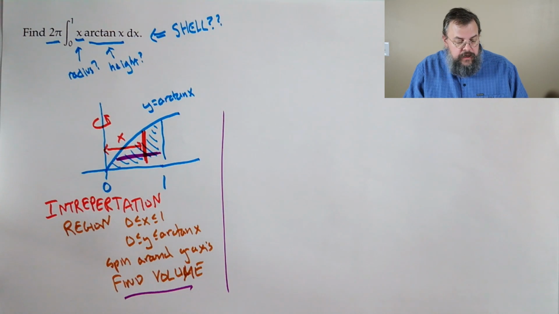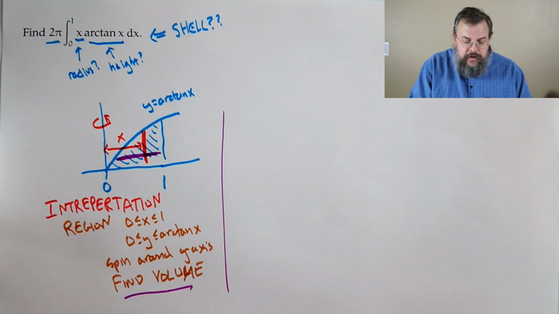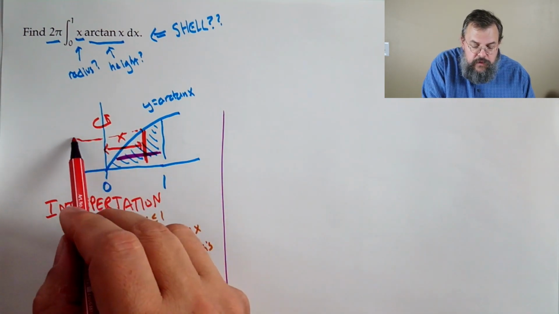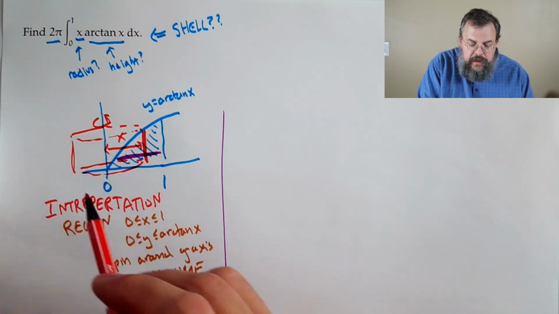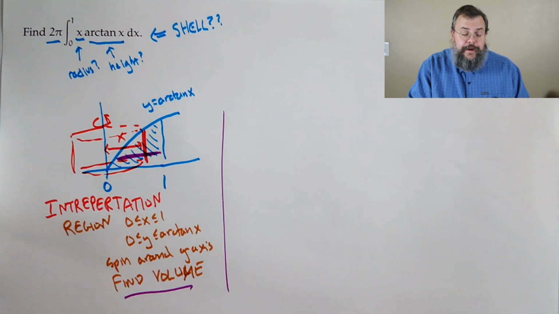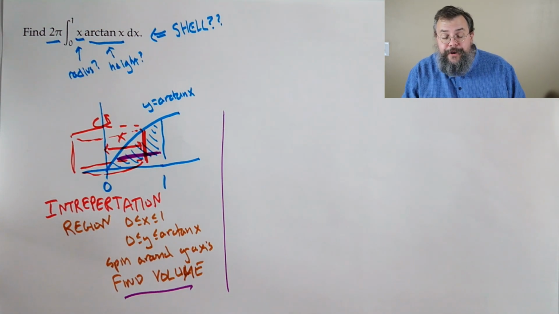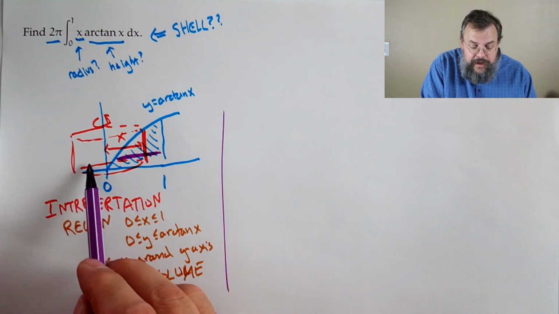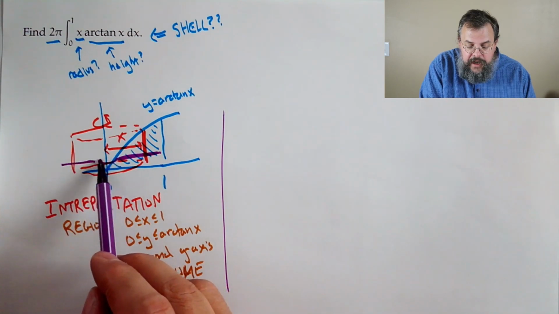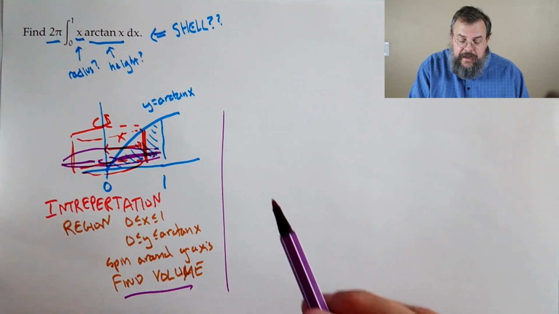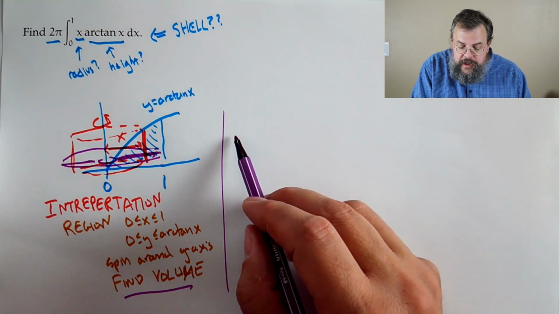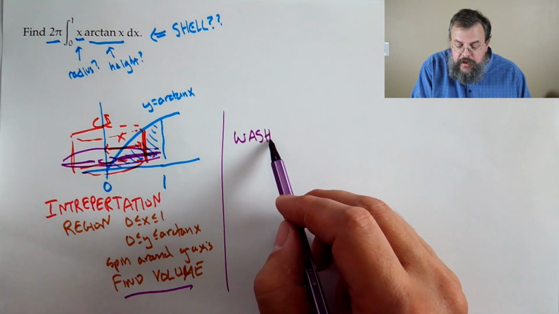So if we slice in a horizontal manner, what's going to happen? See, currently, if we look at our little spin around, what we have in our original interpretation is we're getting little shells. But in our new interpretation, where we're doing our horizontal slicing, we see that what we'll get are little tiny washers. So we're going to do washer method. Okay, so our washer method says what?